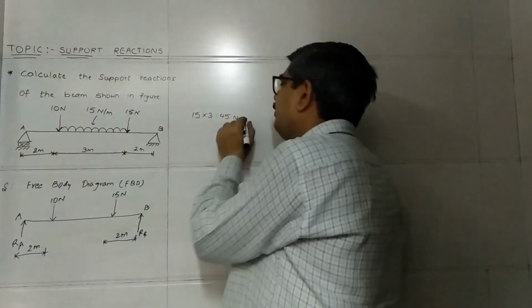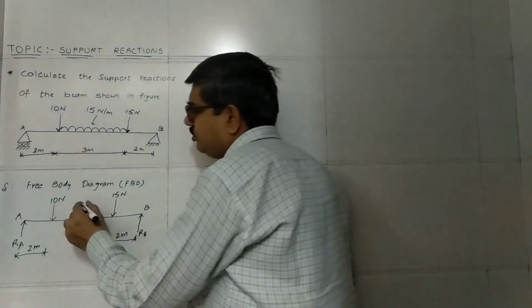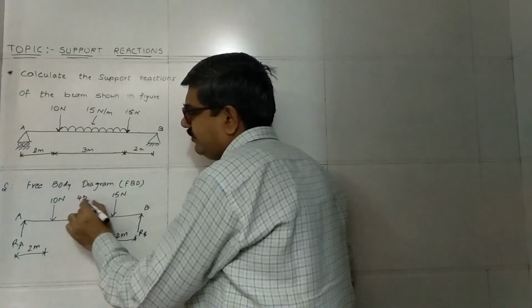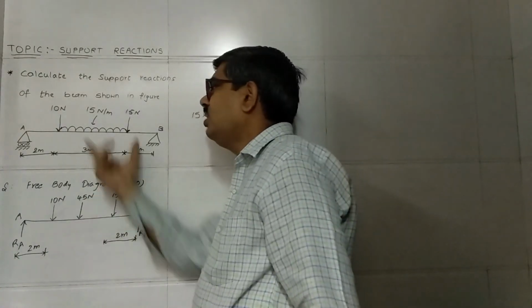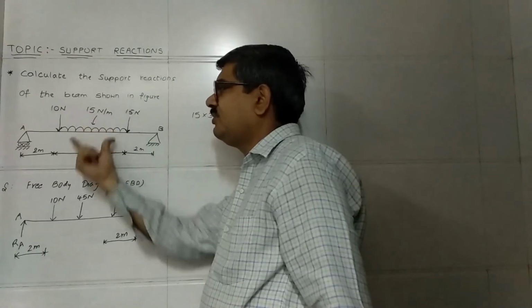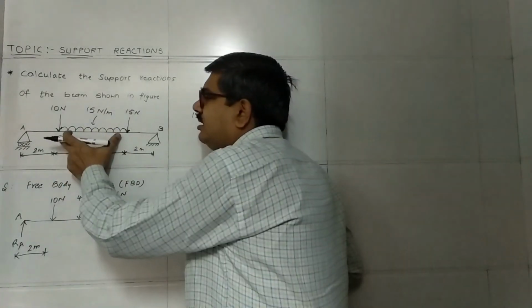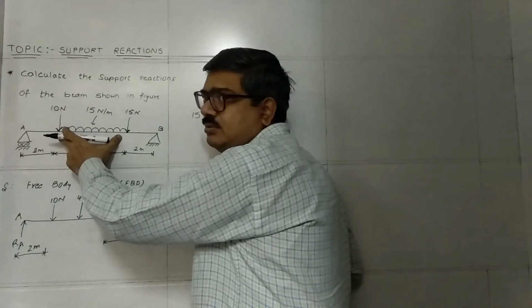Now where does this 45 Newton point load act on the beam? You have to show that this equivalent force of 45 Newton, of this UDL of 15 Newton per meter with span 3 meters, acts always at the mid span of the UDL.